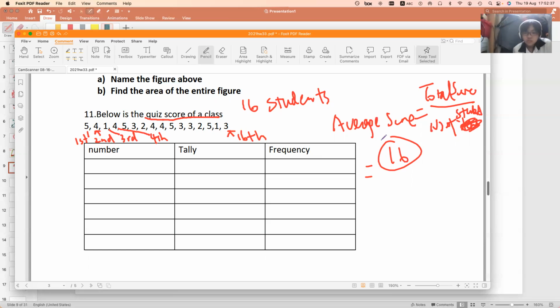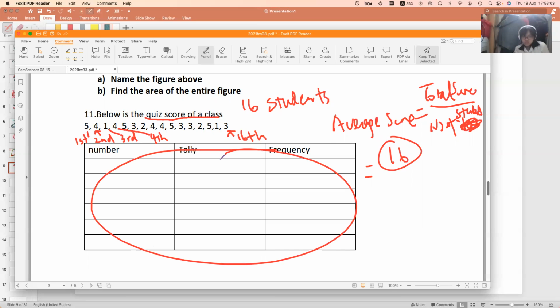I ask you, the total score is 16. Is it correct or not? Yes. How do you find total score? Add the scores. Then how do you get 16? Wait. Can I ask you, do you get it from this table?